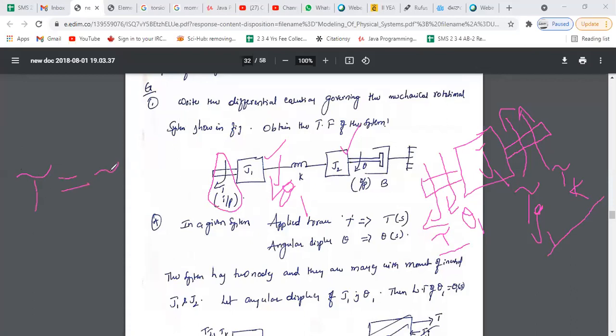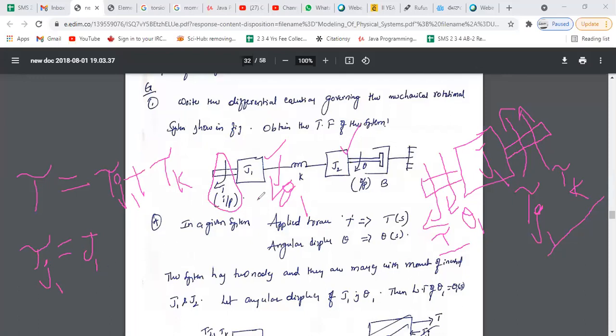Right. Then what is tau J1? For the torque balance equations, what is tau J1? J into d square theta by dt square.